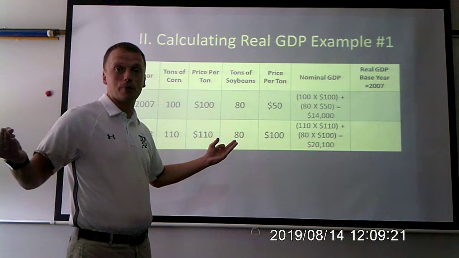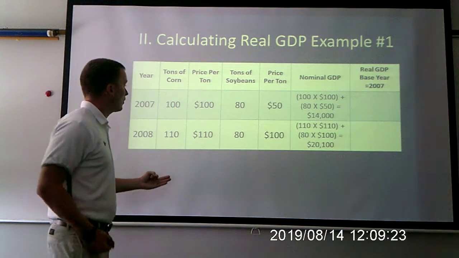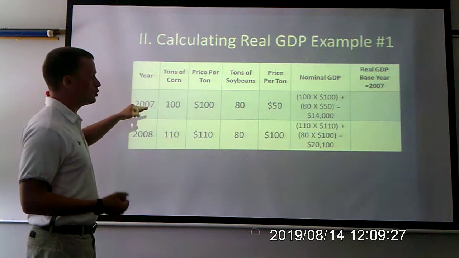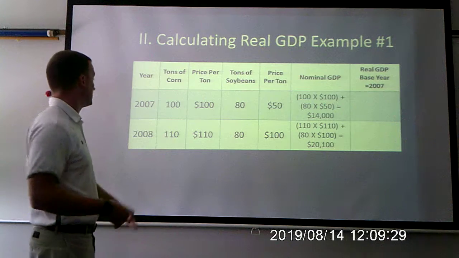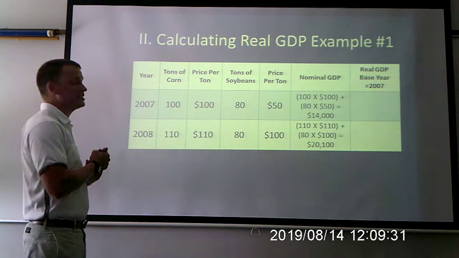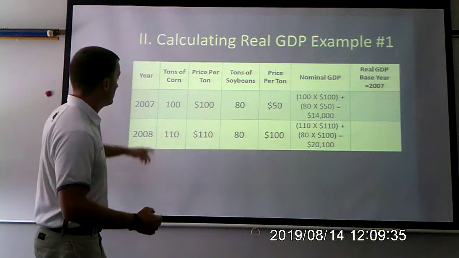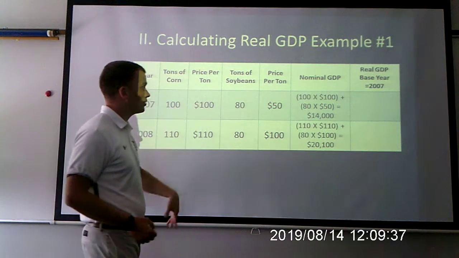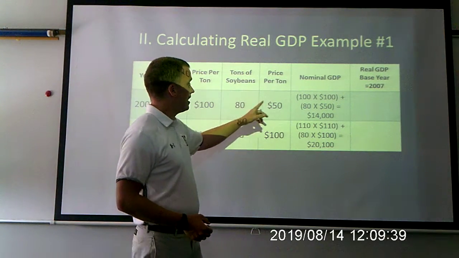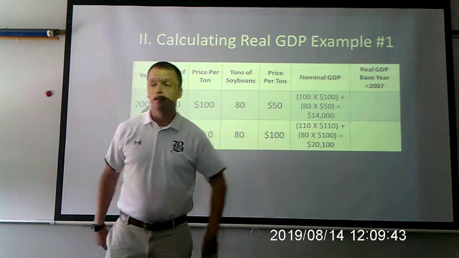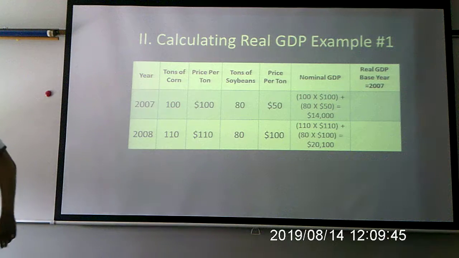Well, what do we come up with for nominal GDP? If we're using 2007 as the base year and we're using given year quantities, that means 2007 is both the given year and the base year. That means that 100 times 100 and 80 times 50, add those together, what do you get? You get 14,000, right?